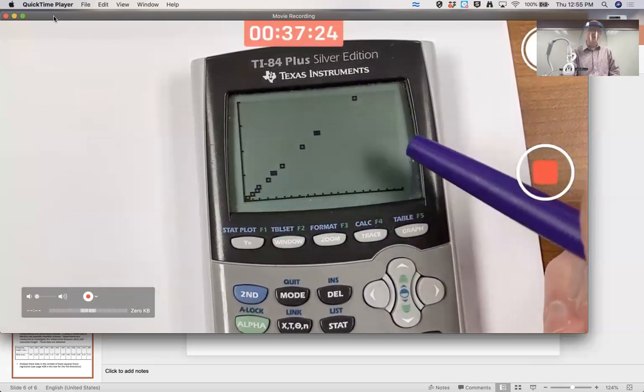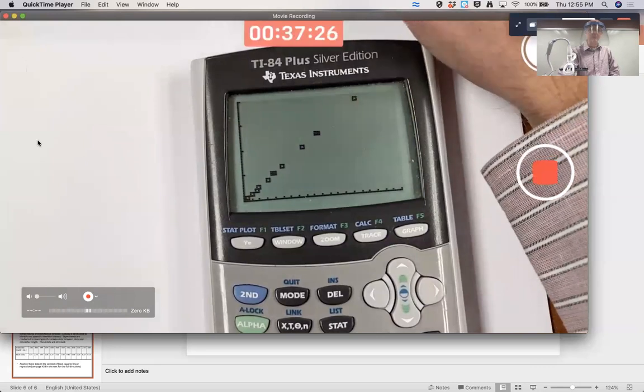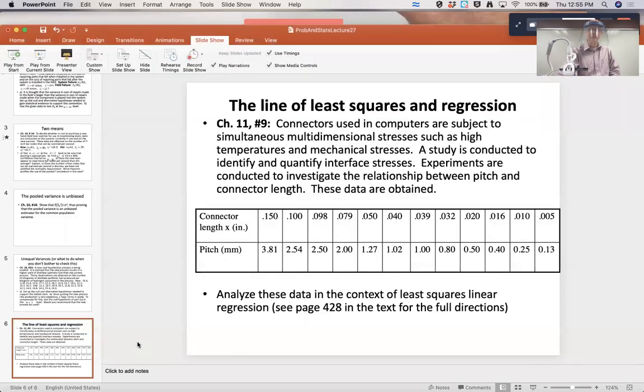In fact, since these data are so close to a straight line, you could probably just use 2 of the points to approximate the slope and do a rise over run. Like take 3.81 minus 0.13 as a change in y, divided by 0.15 minus 0.005 as a change in x, a rise over run.